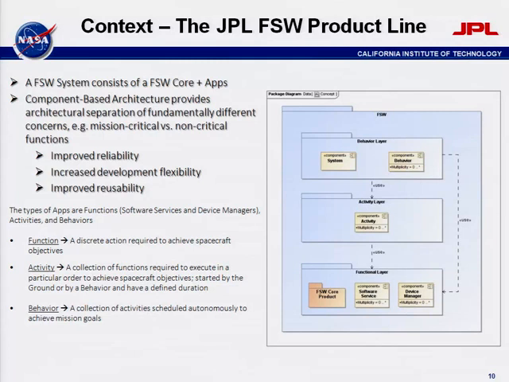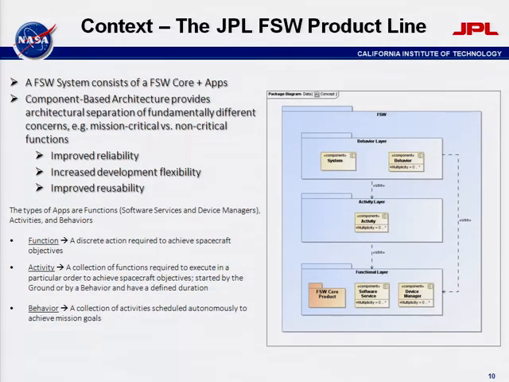One of the analogies that we like to use when talking about this flight software product line architecture is your iPhone. Okay? So you have an iOS, and then you have a bunch of different apps that are written and are pluggable into your iOS. It's the same concept here.